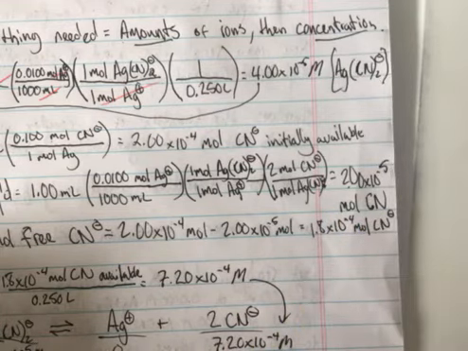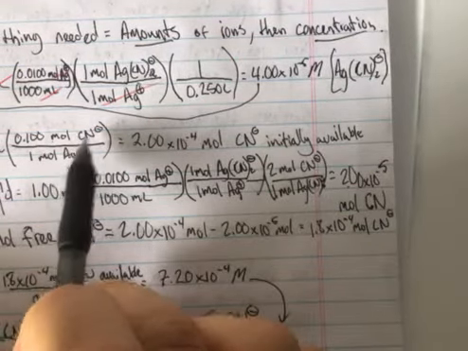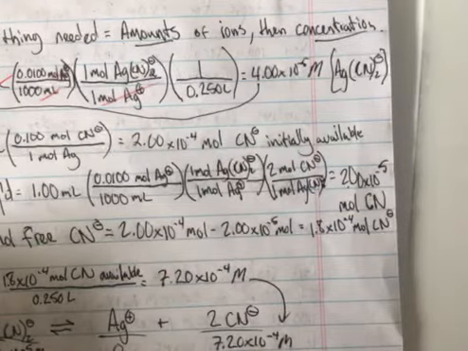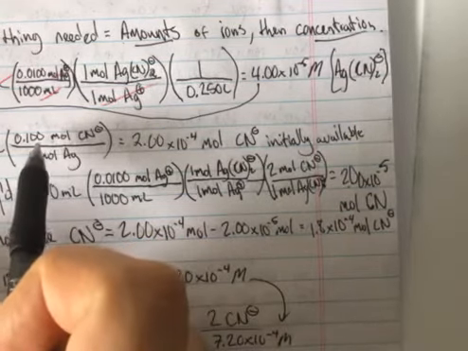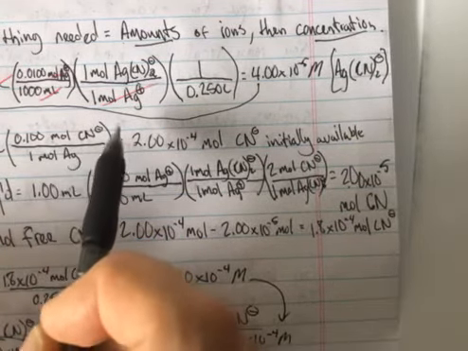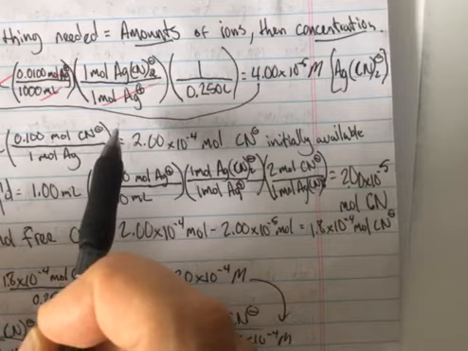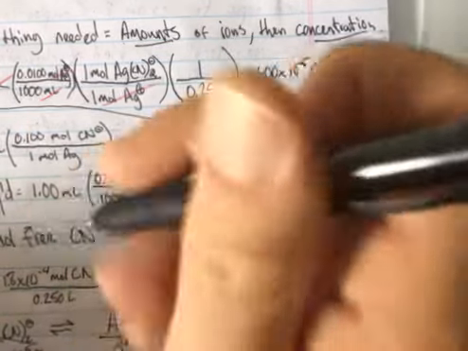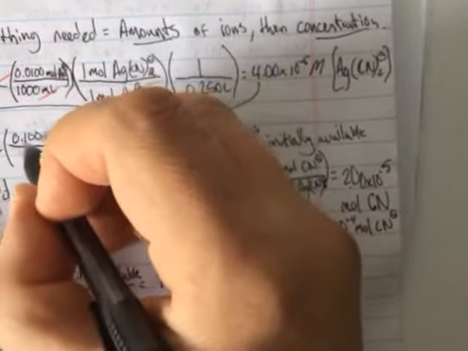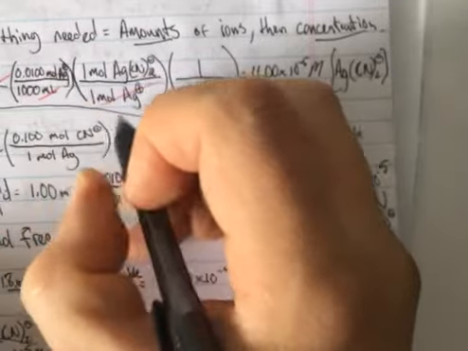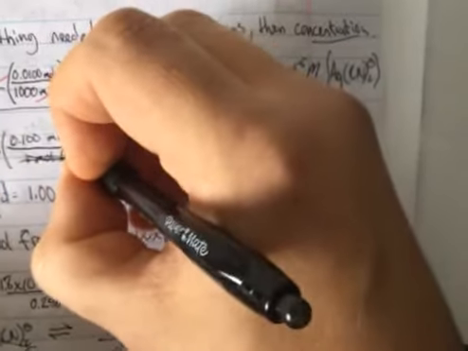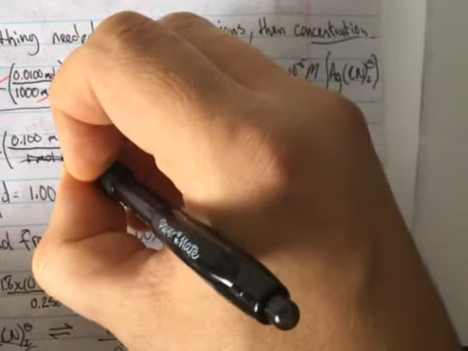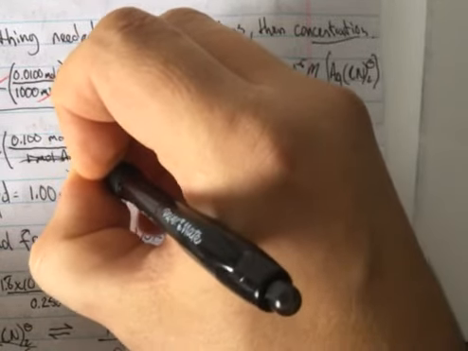Now, to calculate the amount of cyano, we have 0.100 moles of cyano group. This is not supposed to be here. This should be 1,000 milliliters as well.